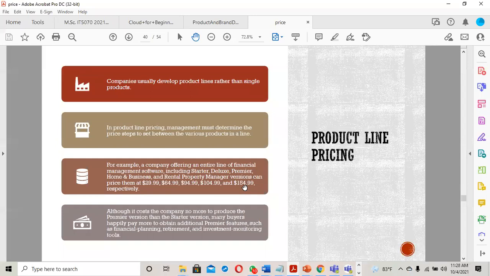But the idea you have to understand is, from the company's point of view, upgrading from one product to the other is not going to cost the company a lot. But moving from one product to the other, they keep that price step, so they charge more and more money for the different products in their product line. This is possible when you have product line pricing.